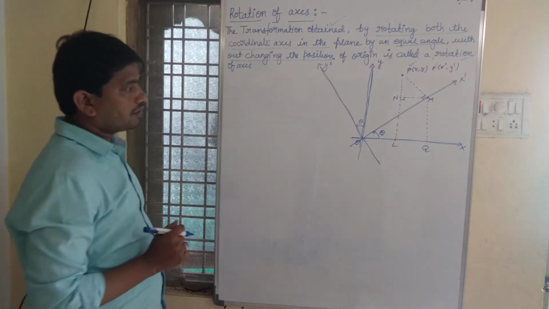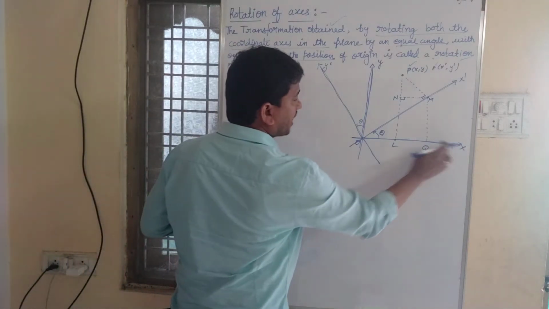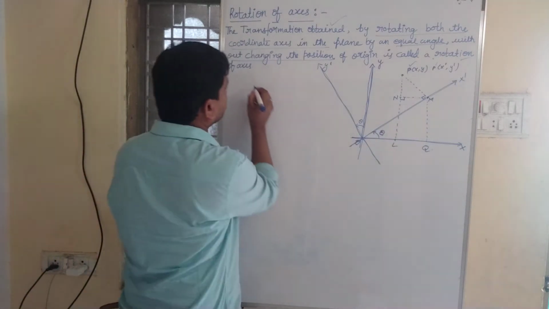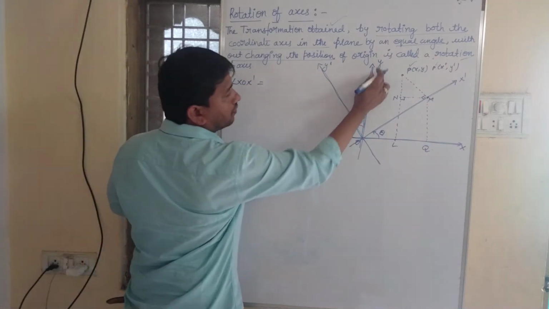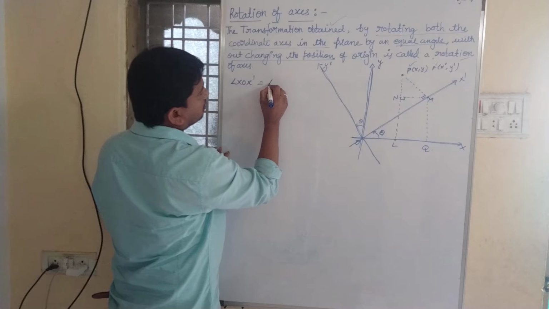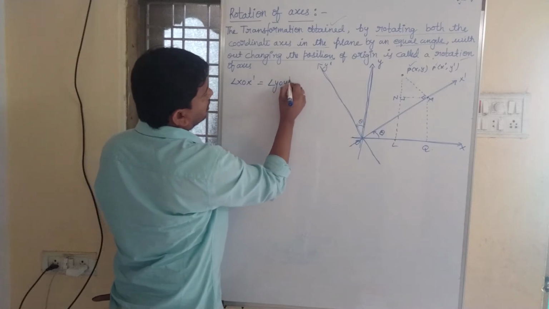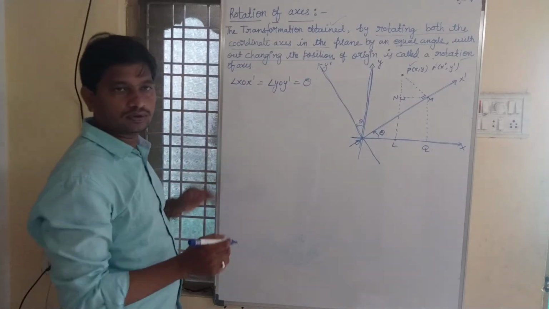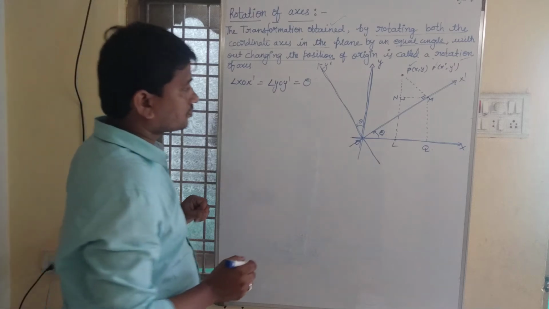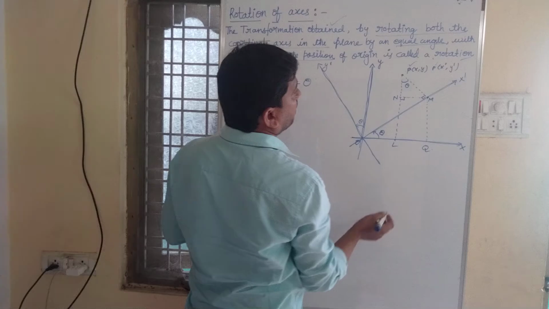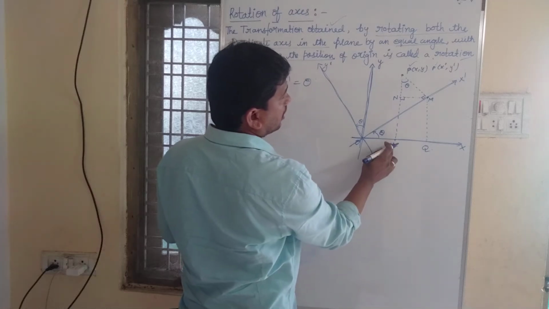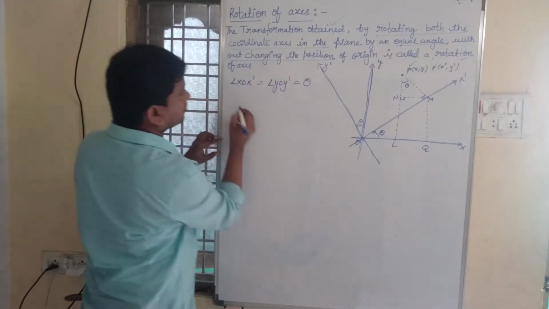Here, what are the equal angles, children? We have angle XOX dash, which is equal to angle YOY dash, which is equal to theta. Also here we have the angle LPM.